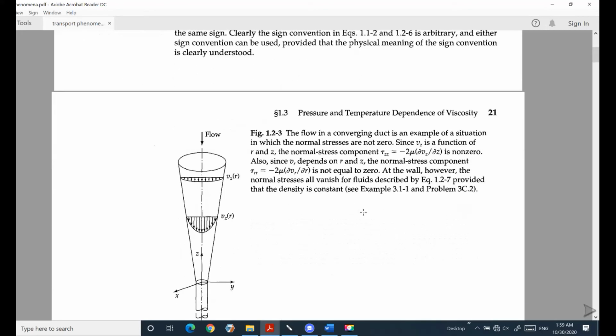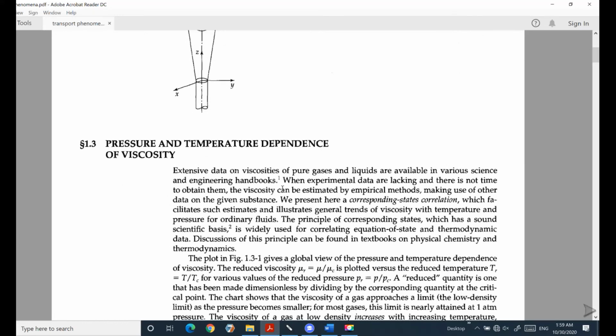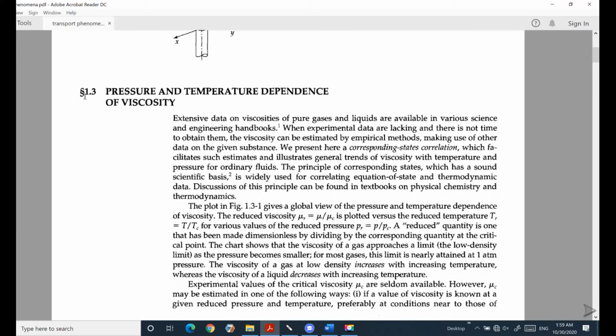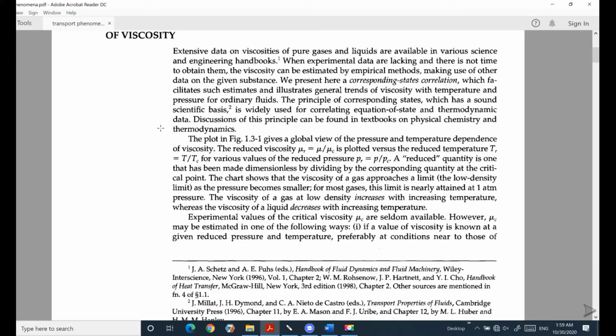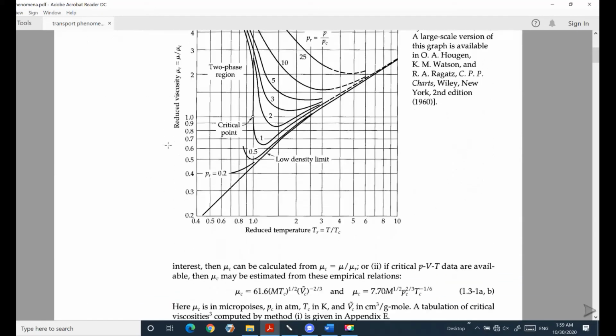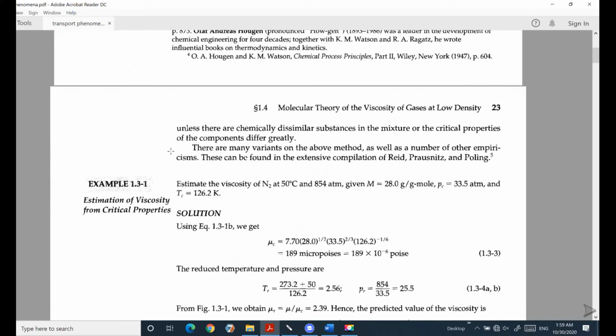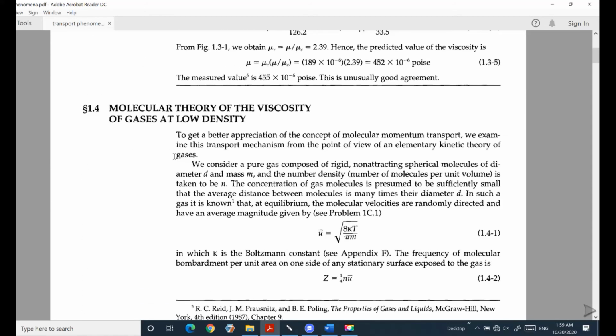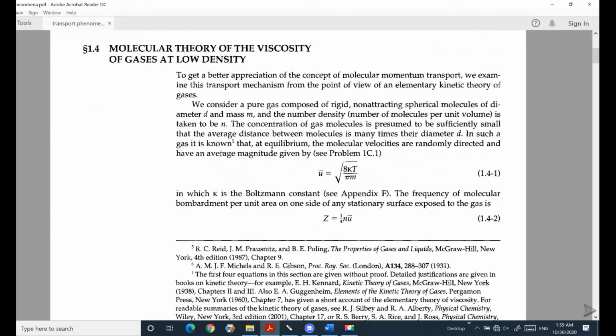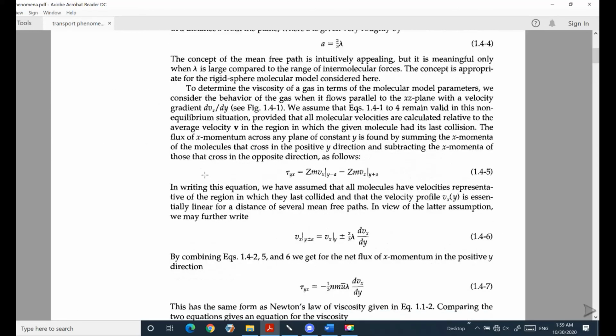So anyways, continue. Okay, in this chapter, section 1.3 gives how the viscosity depends on pressure and temperature. You can see from here how the viscosity depends on temperature and pressure, and the molecular theory of the viscosity of gases at low density. Another section you can find here.